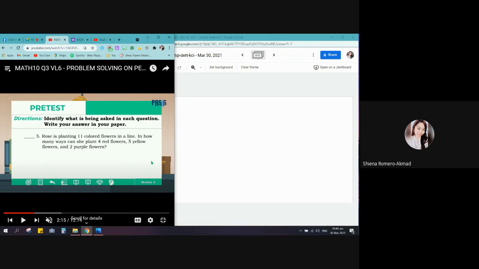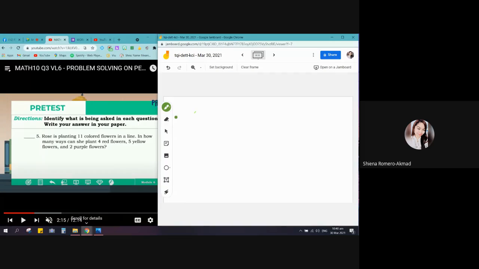So, kung pare-pareho silang flowers, at magkakaiba lang ng color, tapos i-arrange natin sila.